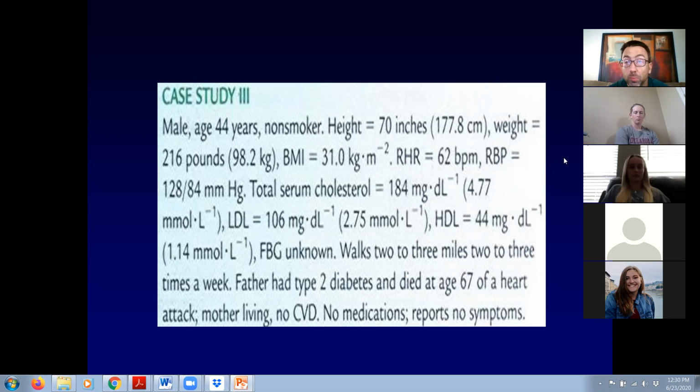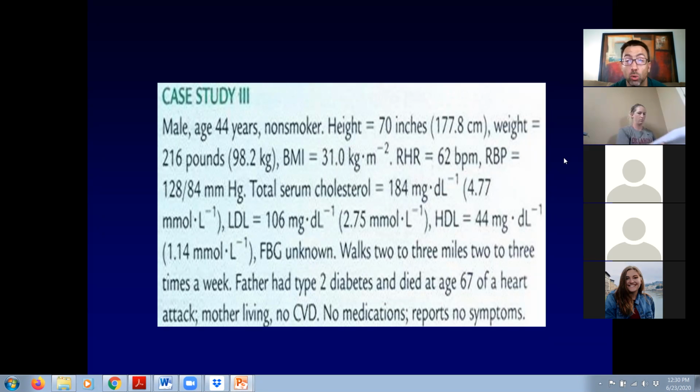So based simply upon the fact that he's obese by BMI, we could not count it. We can't just ignore it because we don't know it. Especially because he's obese by BMI and his dad had type 2 diabetes, then for sure we would want to count the unknown as being a risk factor.